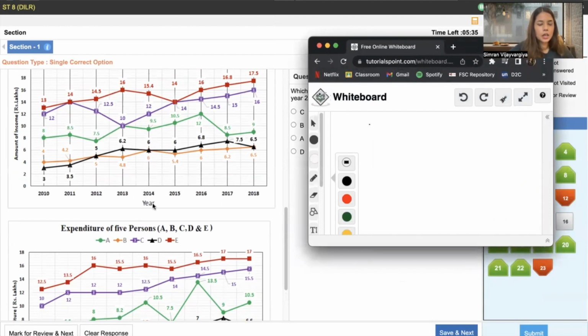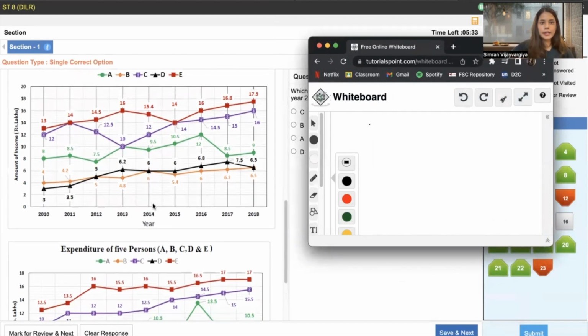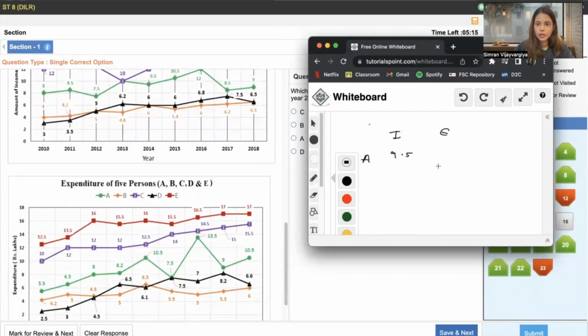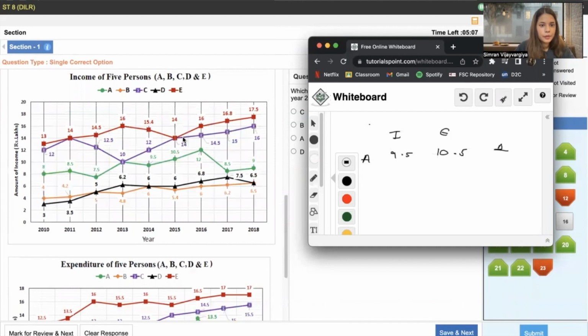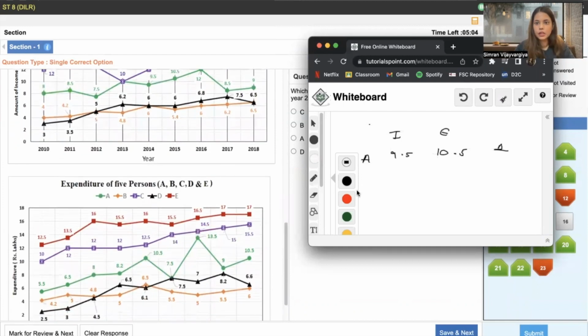In income and expenditure, A went from 9.5 to 10.5. Loss is 1. B went from 6 to 6.5. Loss is 0.5.